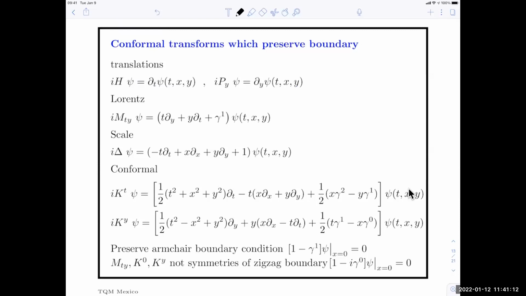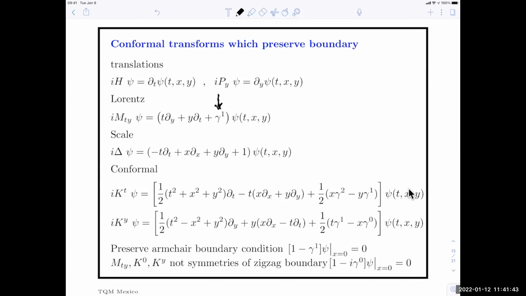The reason why a boundary condition, like I discussed on the previous page, can mess up Lorentz invariance is because the boundary condition should commute with the action of the spin part of the Lorentz transformation generator. For the armchair edge, it does, but for the zigzag edge, it doesn't.